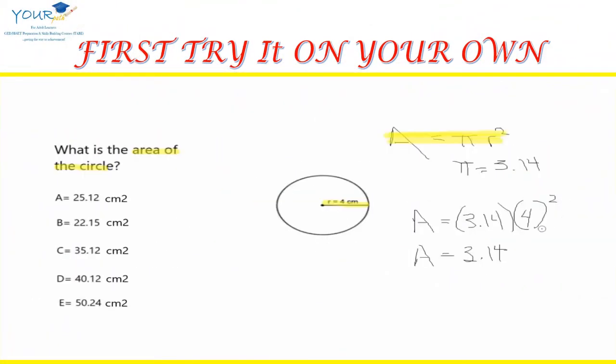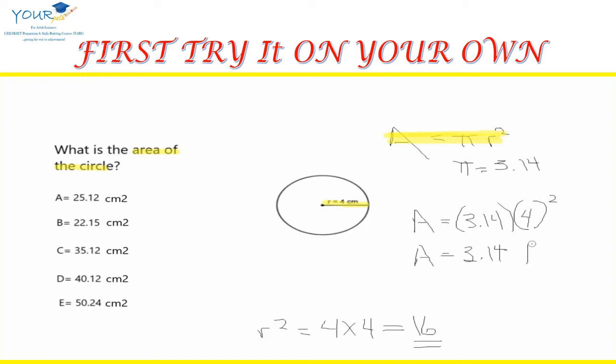Squared, and when we square our 4, we get 4 times 4. This is what 4 squared means. We get 16. So here we have r squared, our radius squared is actually 16.